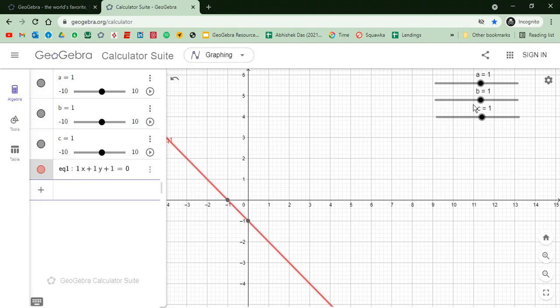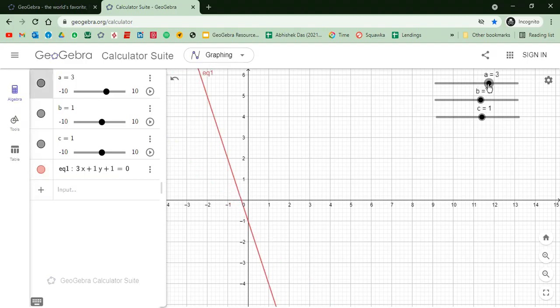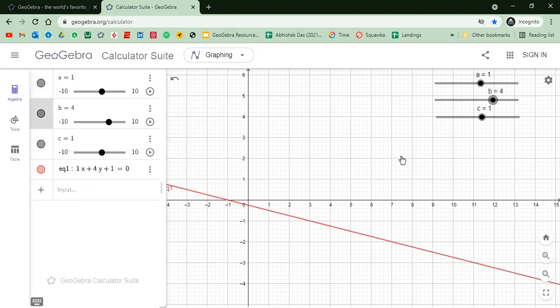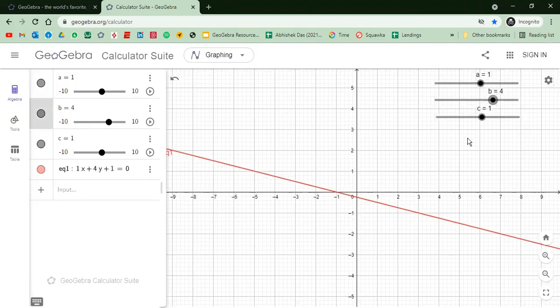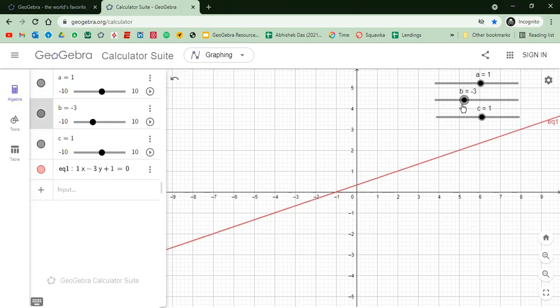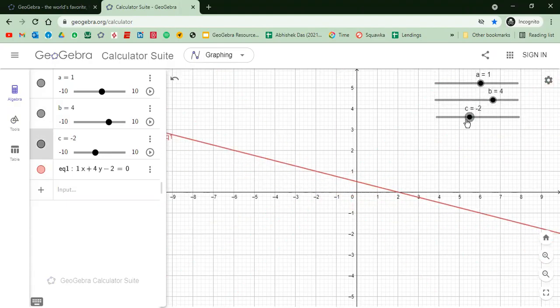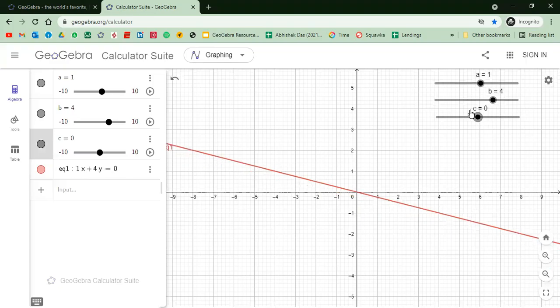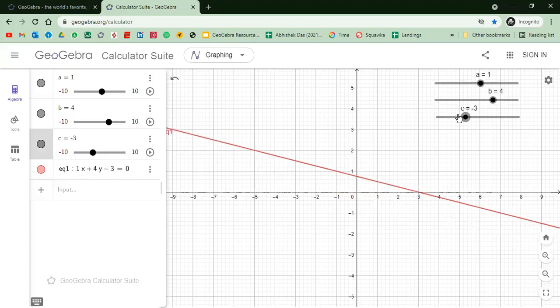So therefore, we are getting the line 1x plus 1y plus 1 equal to 0. If we change the value of a, you can see the equation also changes. And if you change c, you see that the intercepts are changing.